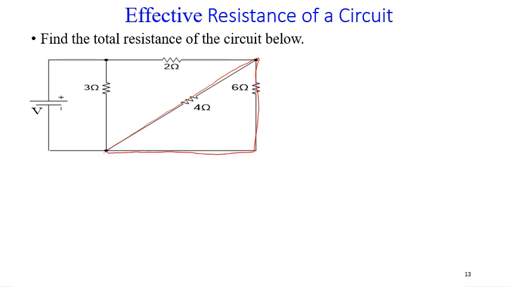After resolving them, we'll get an answer. Then we also resolve them. That is how it is. So we say 4 and 6 are in parallel.